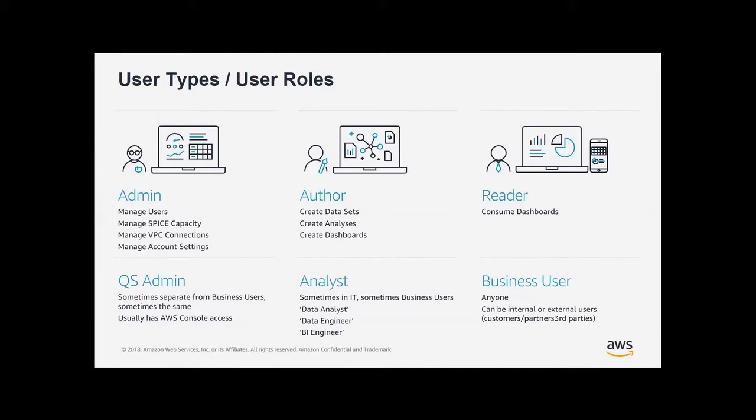They also set up things like those VPC connections. Then authors are going to be creating all the data sets and creating the content, all the dashboards. And then readers are people that come and visit your reports and dashboards to consume them. They can do things like filter, set parameters, drill down and interact, but generally they're consuming and not necessarily creating new reports.